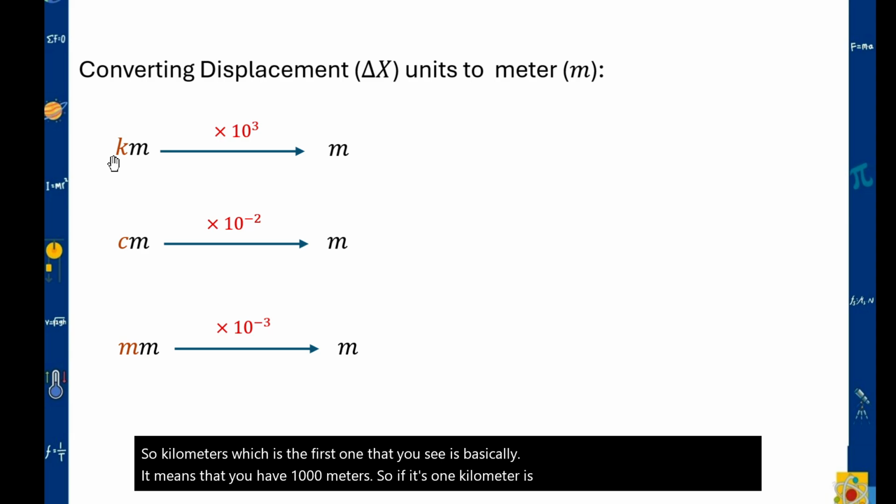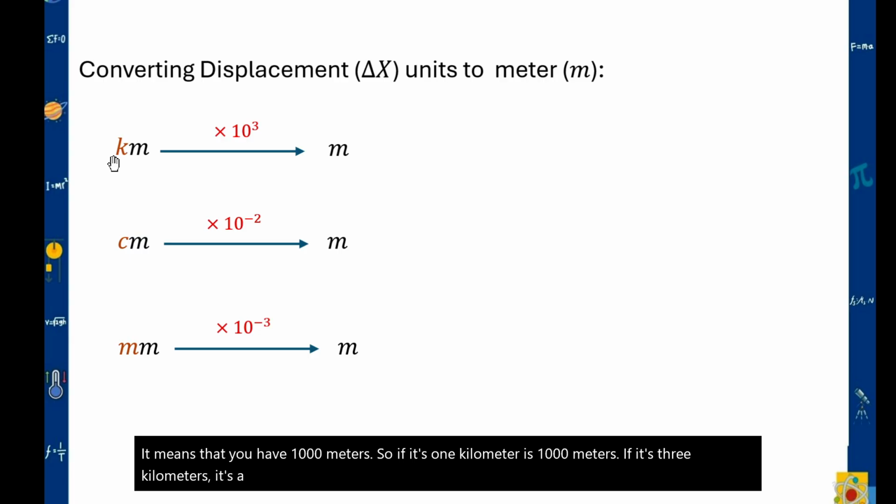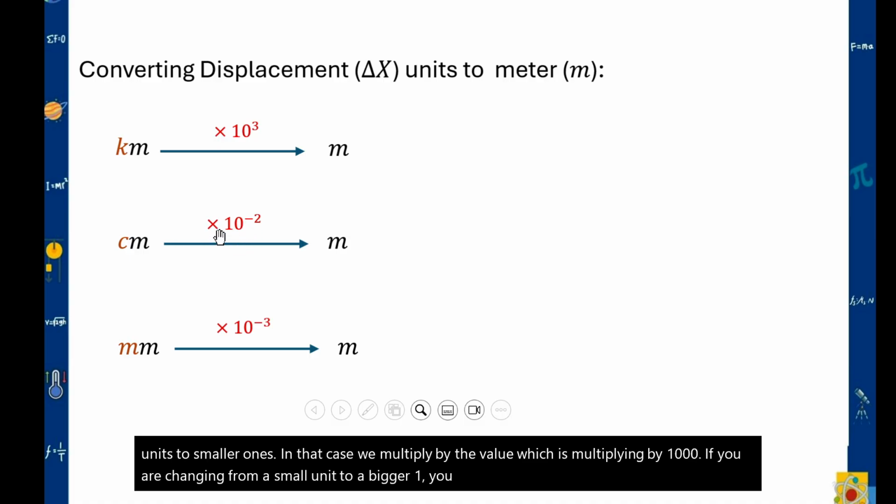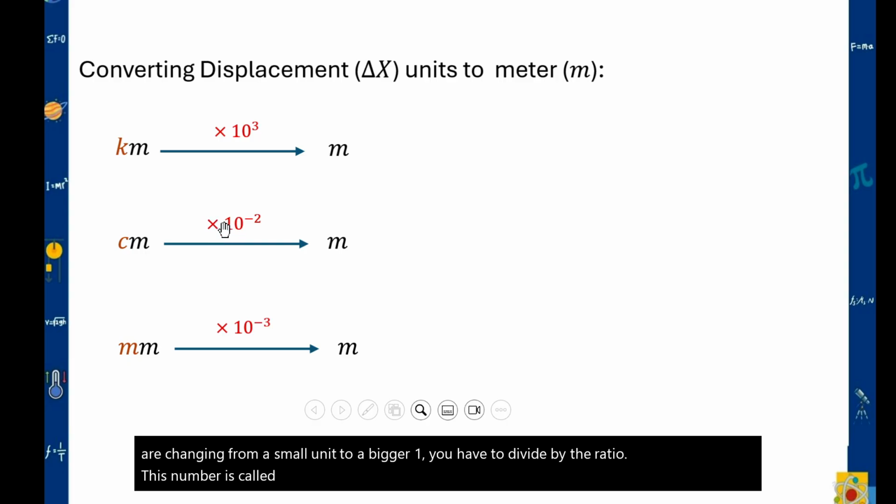If it's 3 kilometers, it's 3,000 meters. When you change from bigger units to smaller ones, we multiply by the value, which is multiplying by 1,000. If you are changing from a small unit to a bigger one, you have to divide by the ratio. This number is called the ratio.